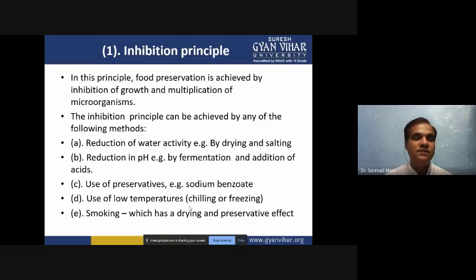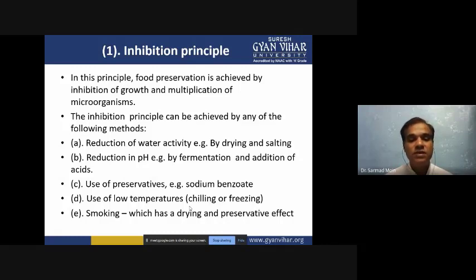Then use of preservatives, some chemicals we add, can preserve the food material against microbial growth. Sodium benzoate is a chemical name we are nowadays adding in food material, and this preserves the food for a longer duration.